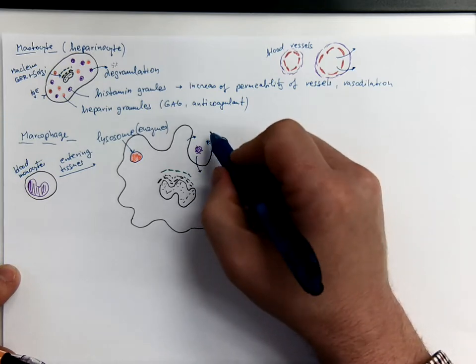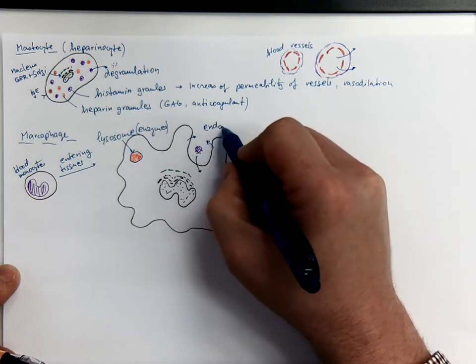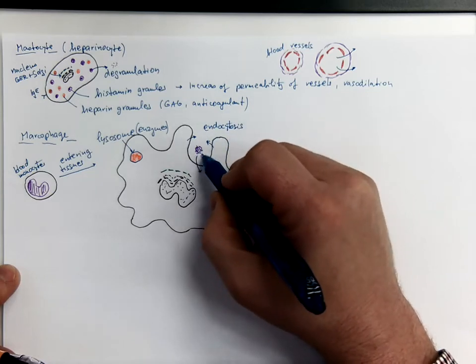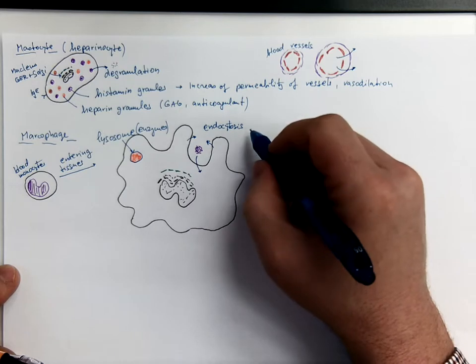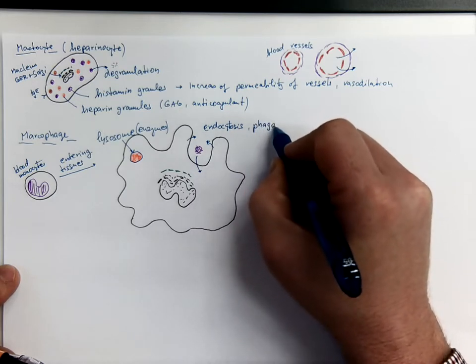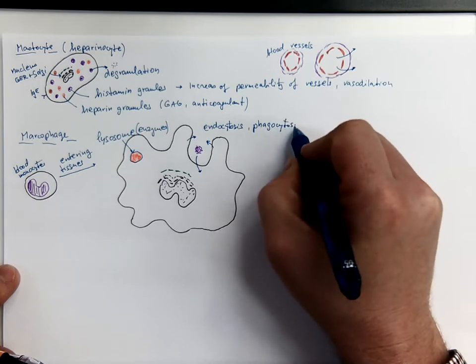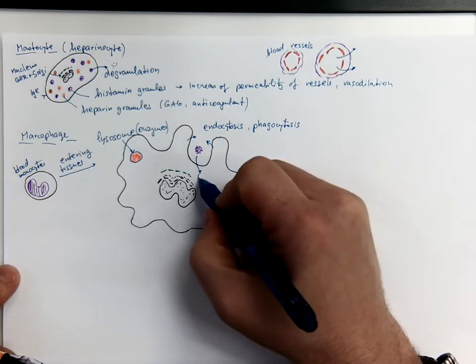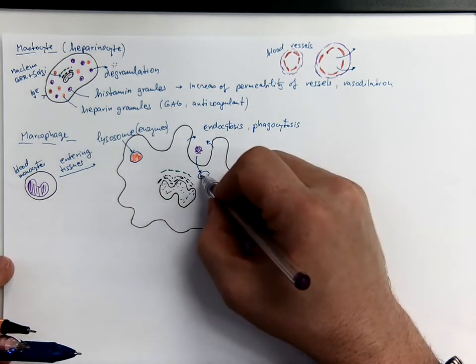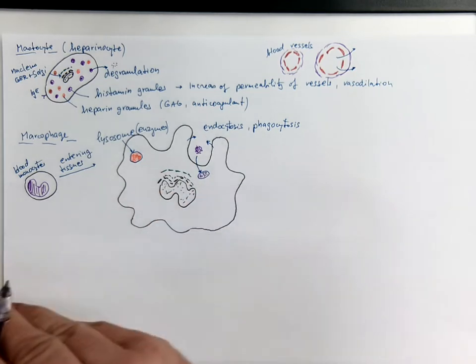So it's the endocytosis happening here. And endocytosis of larger solid bodies is called phagocytosis. Result of this endocytosis or phagocytosis is an endosome called phagosome.